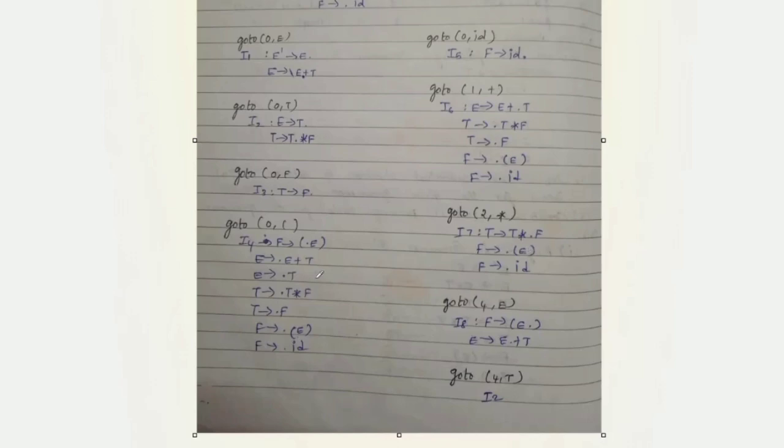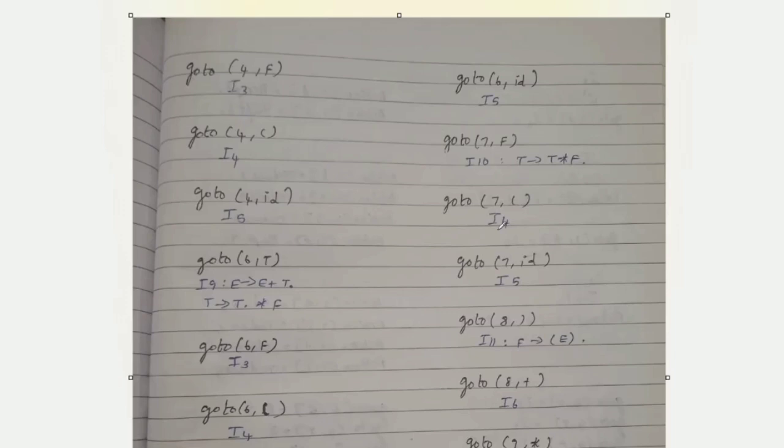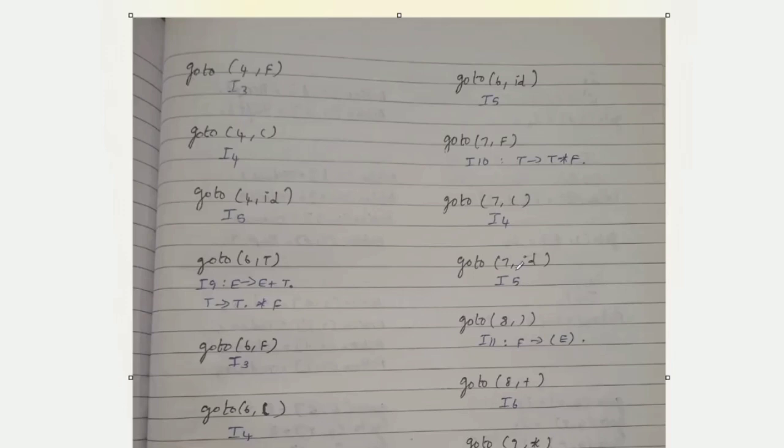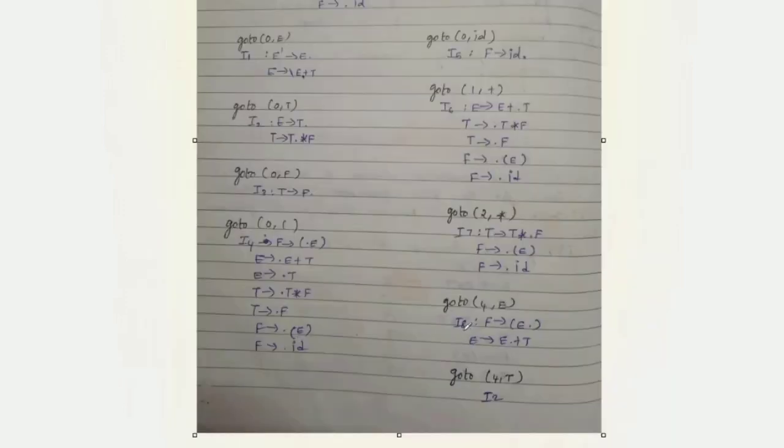We already wrote it in item number 4. Then write go to 7 comma open bracket item number 4. Then transition, go to item number 7, symbol name ID. We move dot. You will get the production F tends to ID dot. We already wrote it in item number 5. So go to 7 comma ID going to be I5. Item set 8.